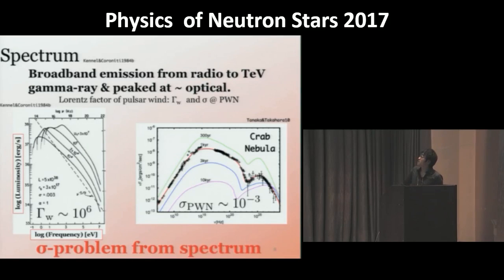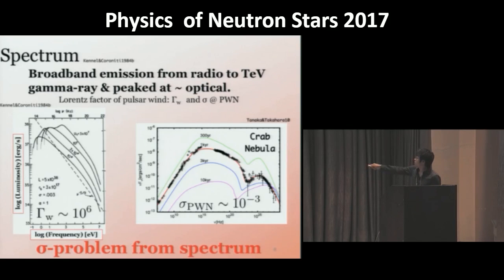Also, recently there have been many gamma-ray observations of pulsar wind nebulae, and we saw that the spectrum is affected by synchrotron radiation for radio, optical and X-ray emission, and gamma rays from inverse Compton radiation, and mostly the flux ratio of the synchrotron component to the inverse Compton component is much larger than 1.